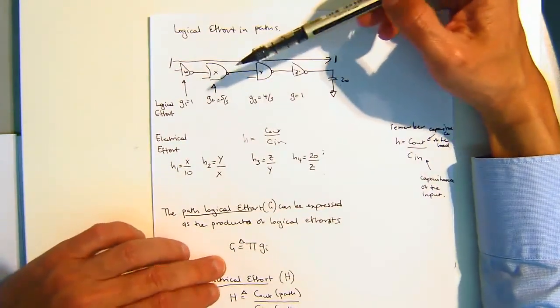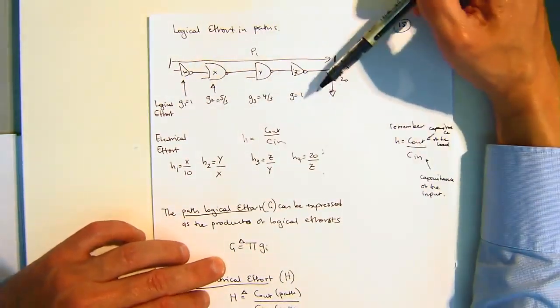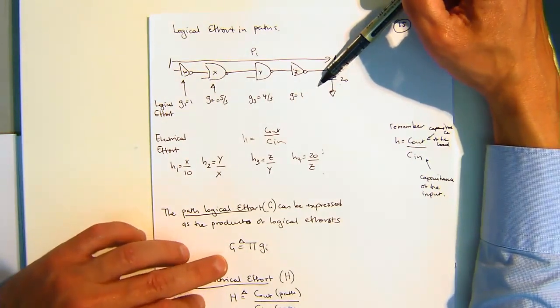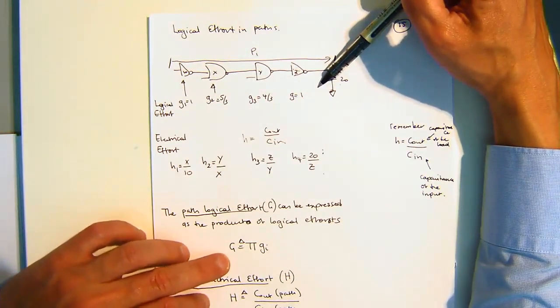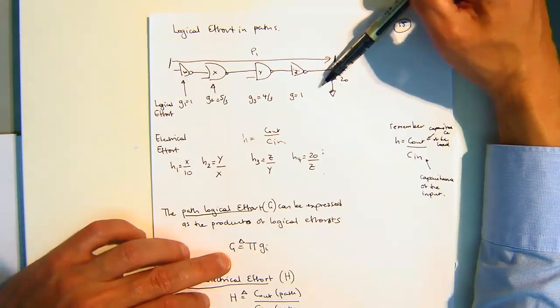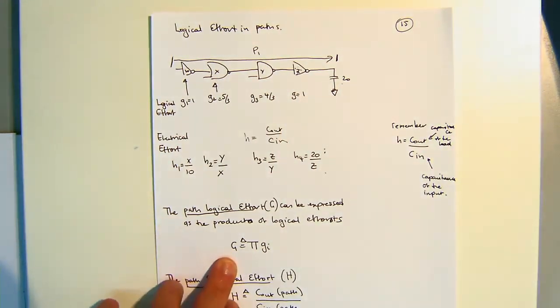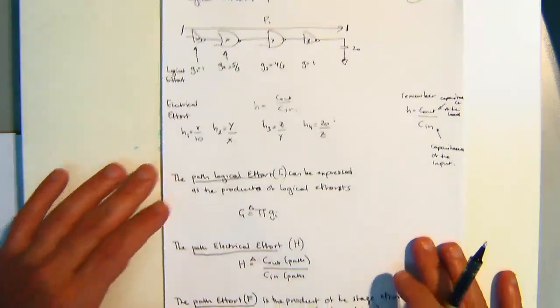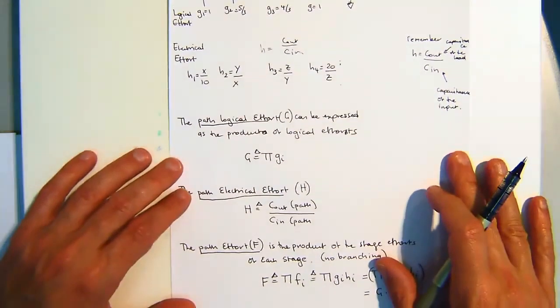So, if you were looking at this particular circuit, can anyone tell me what they think the path logical effort would be? Everyone agree? Of course you agree, I know you can do the maths, but do I need to explain it any further? Okay, good. So we're all good.